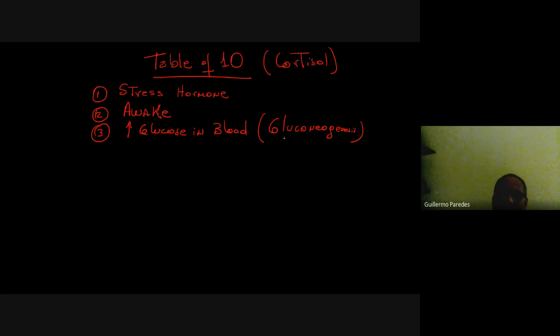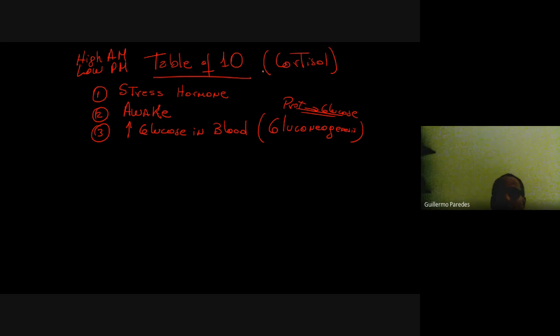So this is really important. What is gluconeogenesis? It's proteins that turn into glucose. We talked about it in the first lectures of bioscience. And this glucose is needed, especially in the morning, because the cortisol is going to be high in the morning, and is going to be low normally at night.